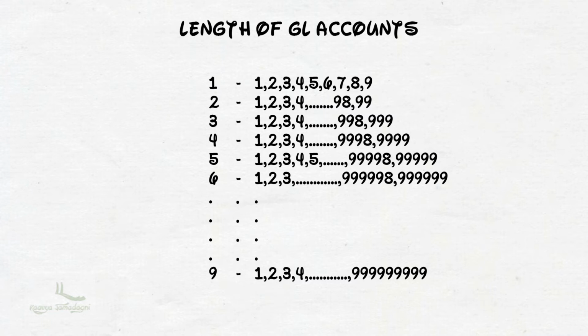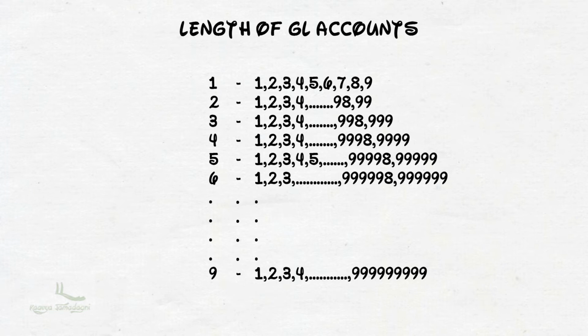But when I say length as 2, then I can have the GL accounts with the numbers ranging between 1 to 99. That is 99 GL accounts. Similarly, if the length is 3, it means 999 GL accounts.